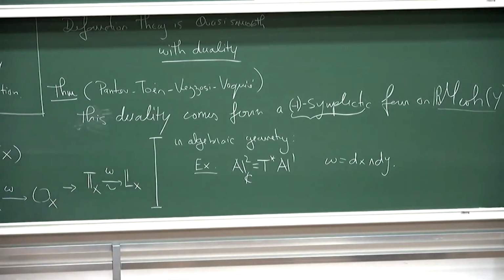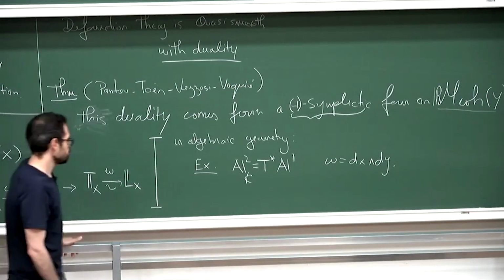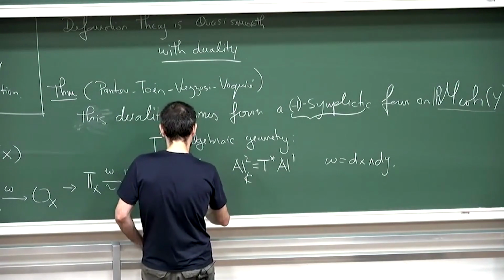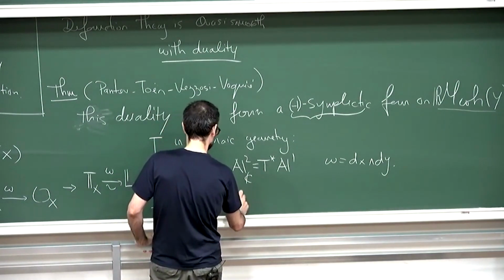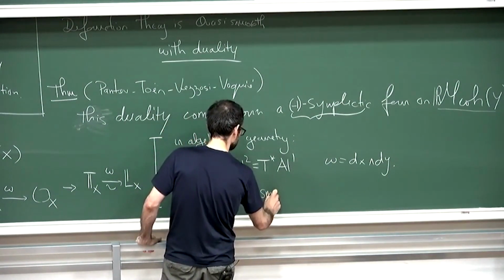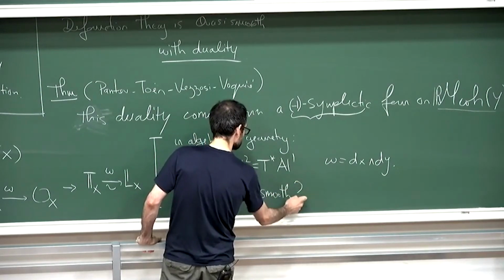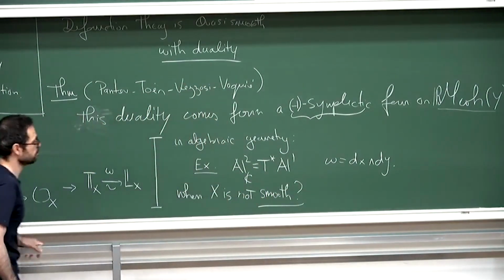And every time, I can speak about symplectic forms on smooth algebraic varieties the same way I do it for smooth manifolds. The problem starts when X is non-smooth, such as this moduli space.